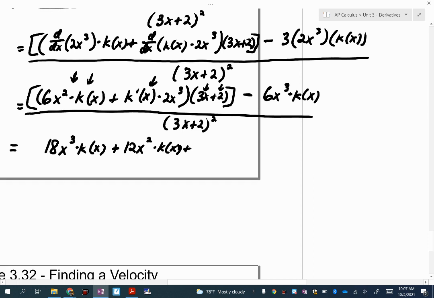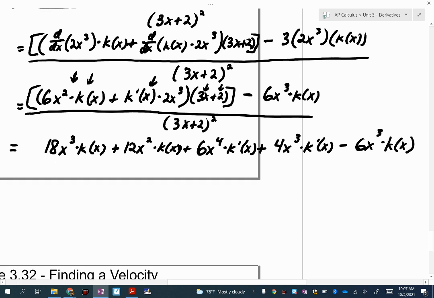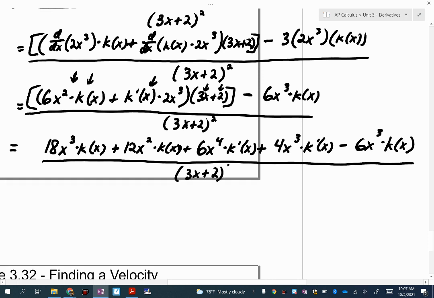So k prime of x, 2x cubed times 3x is going to be 6x to the fourth power times k prime of x plus multiply by 2, and we get 4x cubed k prime of x minus 6x cubed times k of x. And don't forget, all over, oh my goodness, all over 3x plus 2 squared.